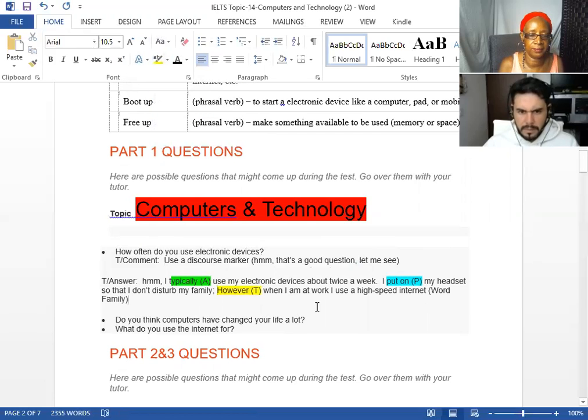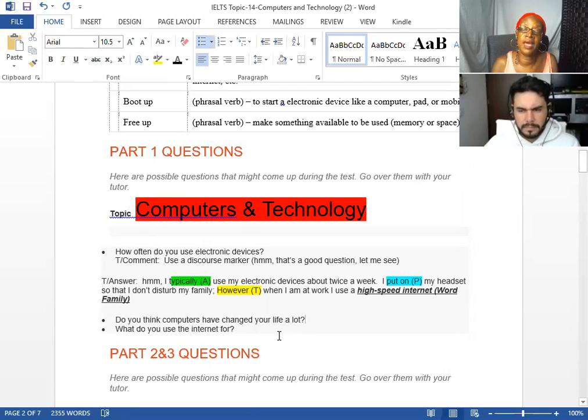Do you understand? And then the last one is your word family, high-speed internet. Bold, underline, and italic.